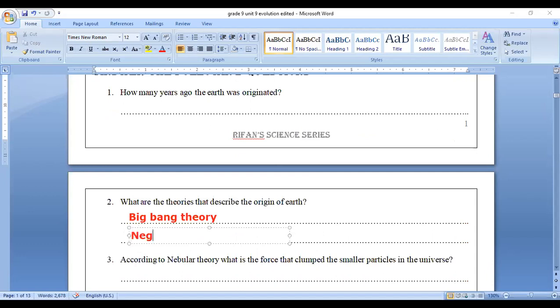Second one, you can write about what? Nebula theory. So the second question answer: the theories that describe the origin of Earth are Big Bang theory and Nebula theory.